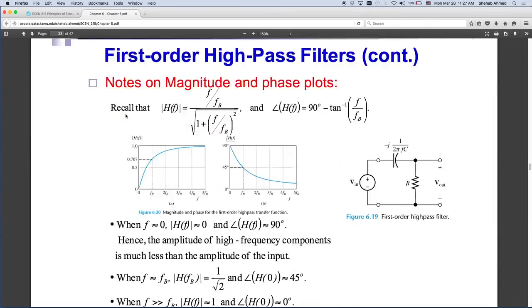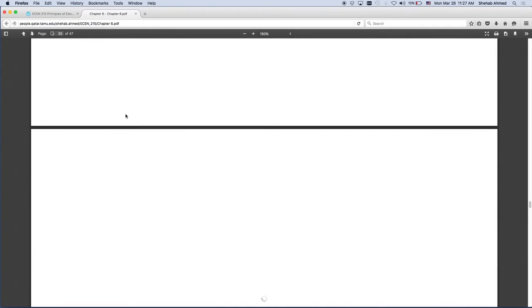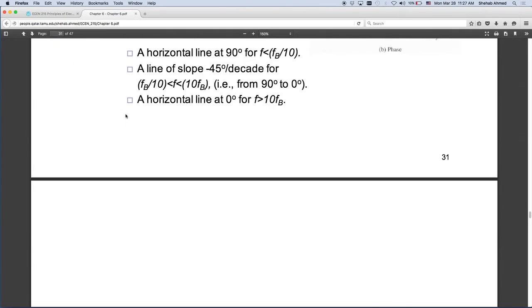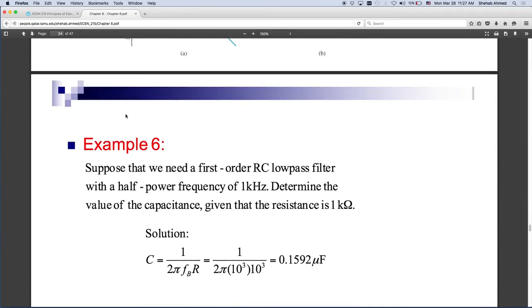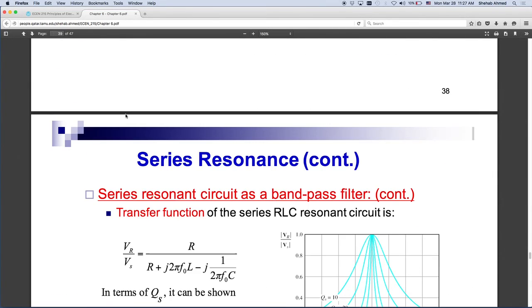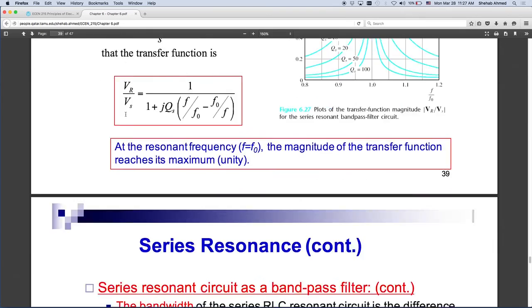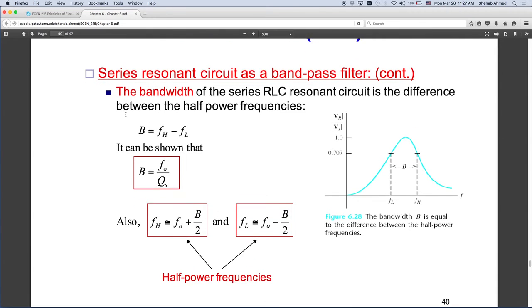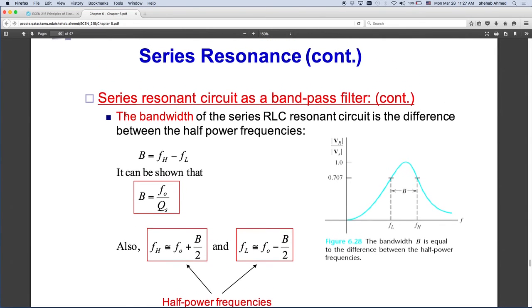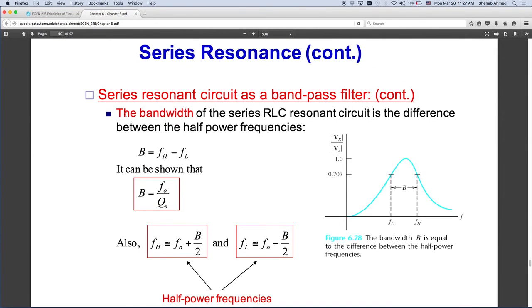If we look at our current example, they call this point here, where the magnitude on the linear scale is 0.707, the half-power frequency point.